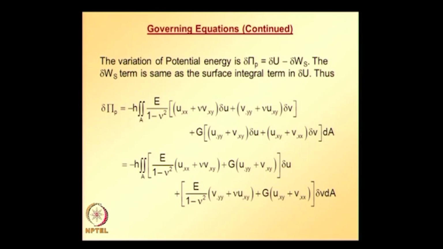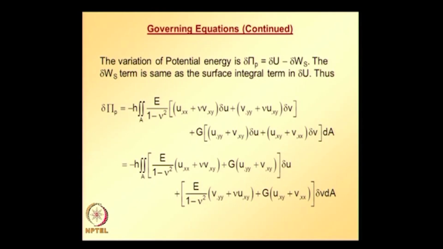And if you notice, the variation of W term is the same as the surface integral term in the variation of U. So, that term gets cancelled, and finally we get the variation of potential energy as this one.